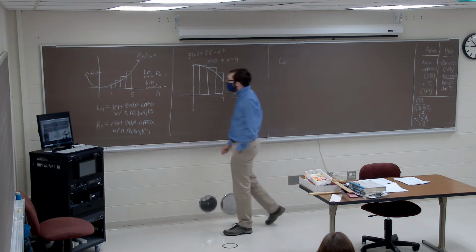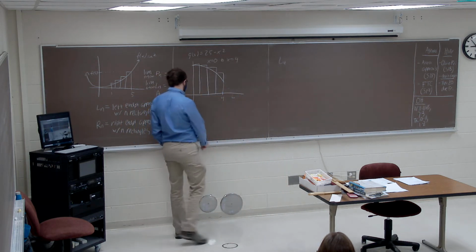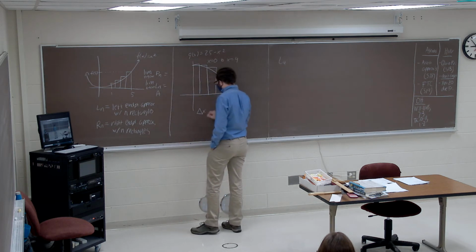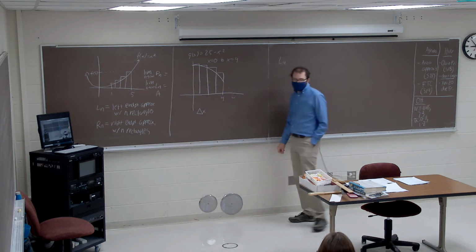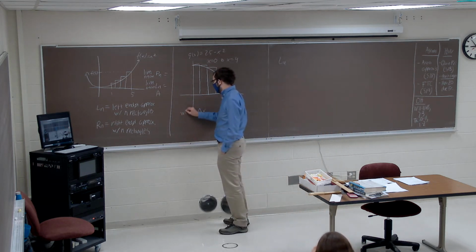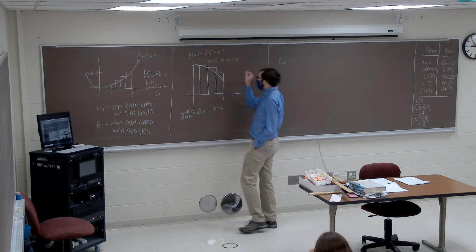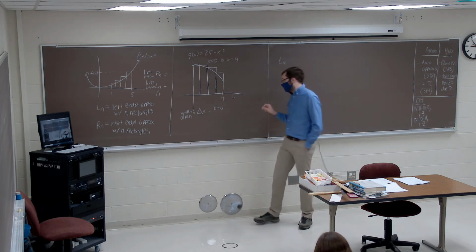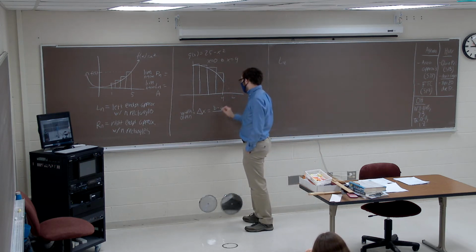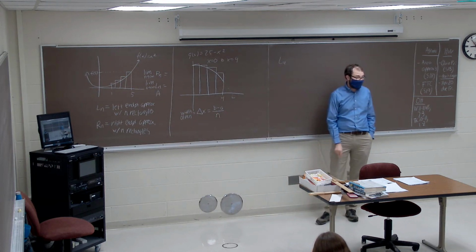Yeah, so in general, whenever you want to talk about the width of each of your rectangles, which I'm going to call delta x here, you can always just take the difference between the endpoints, in this case 4 and 0, and divide by the number of rectangles, n, that you're looking at.